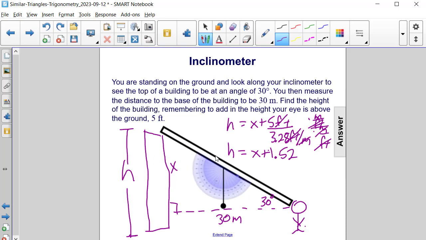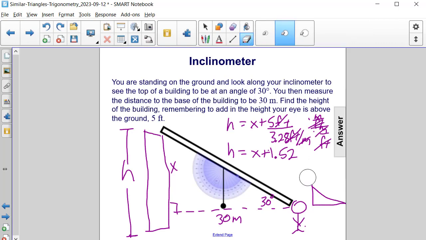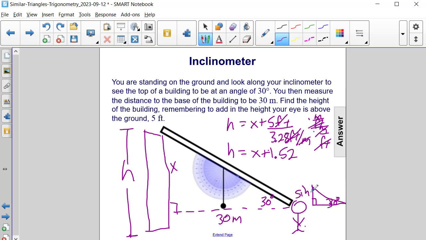All right, so let's actually now figure out our similar triangle ratios that we're going to be using. So we've been drawing and putting in our ratios. The angle down here is still going to be 30. And then this is going to be the sine of 30 and the cosine of 30.